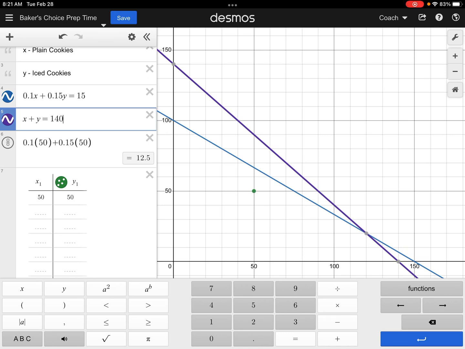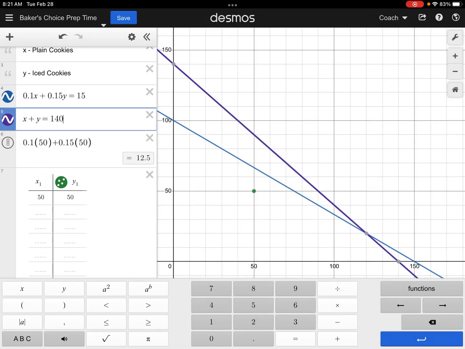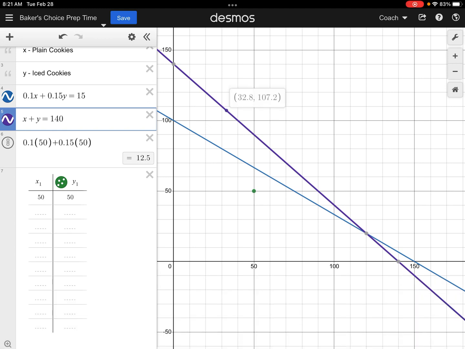We're asked, are there any points that work for the oven space but do not fit the time restriction? So essentially what we're asking here is, are there any points that were green for our purple line that are not green for the blue line, which represents the time?